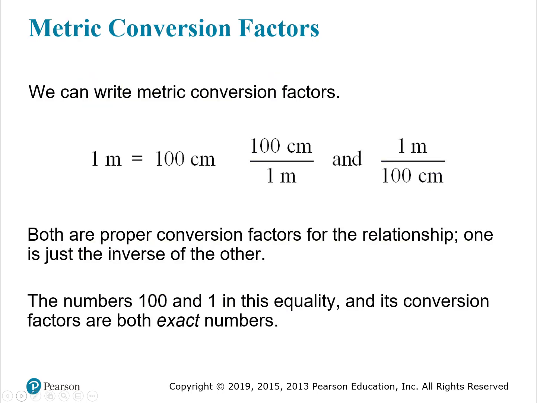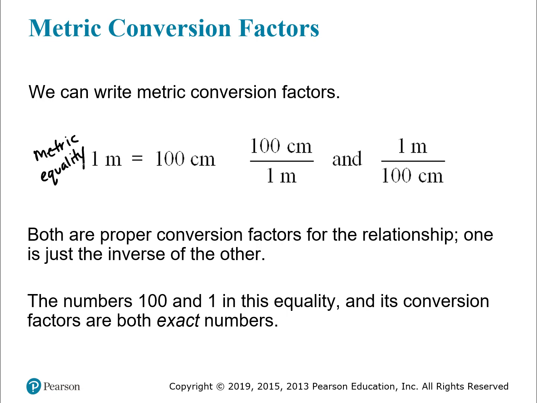Let's write some metric conversion factors. It's the same thing. You take a metric equality, which you can get from your chart, and you write fractions. Both of them are conversion factors. It's just the inverse, so it's exactly the same.